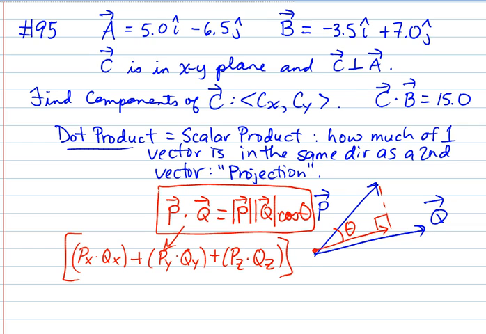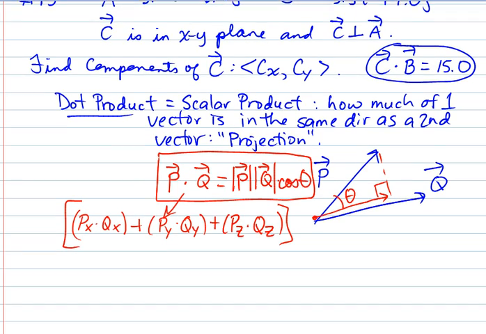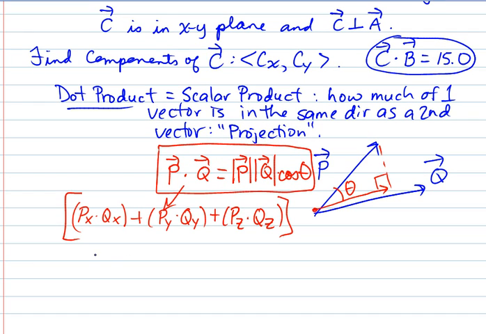We can use this to solve the problem, because if we know that C dot B is 15, then we can say that Cx times Bx plus Cy times By is equal to 15.